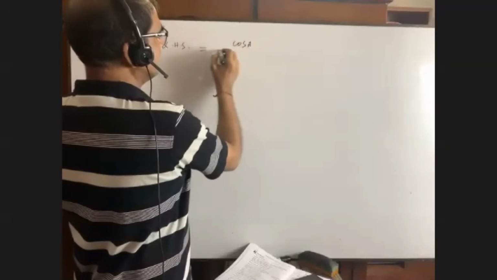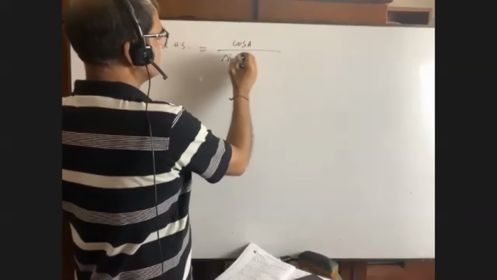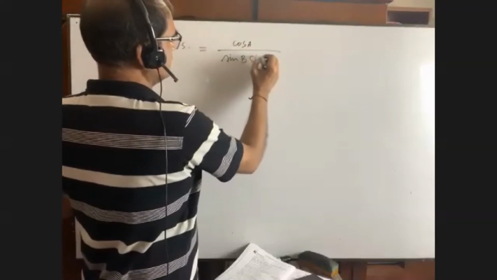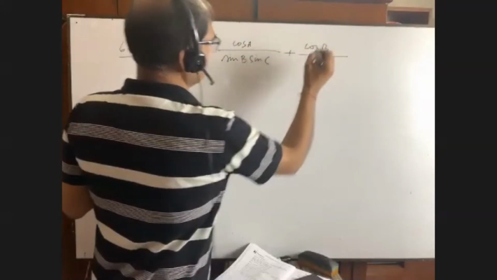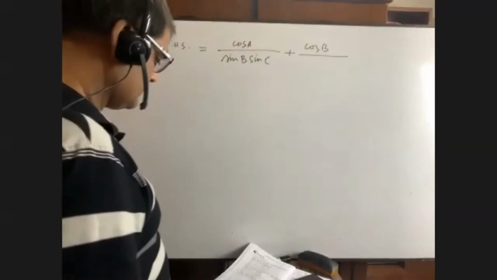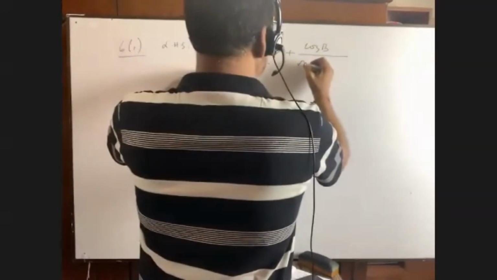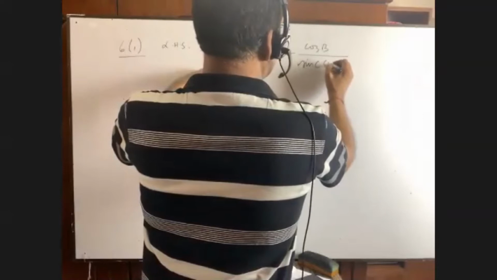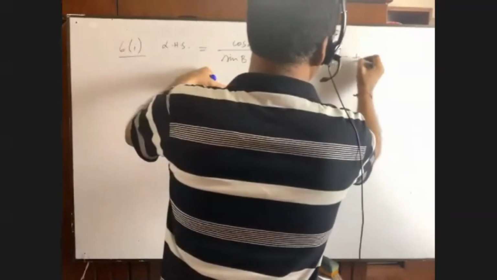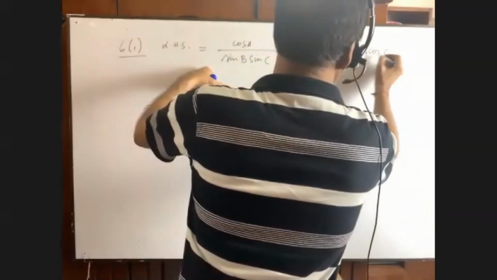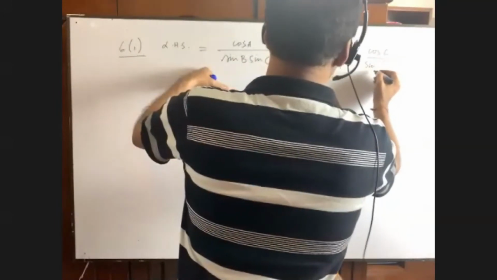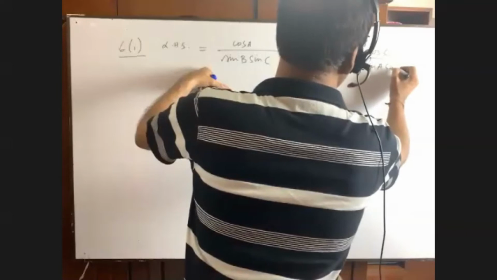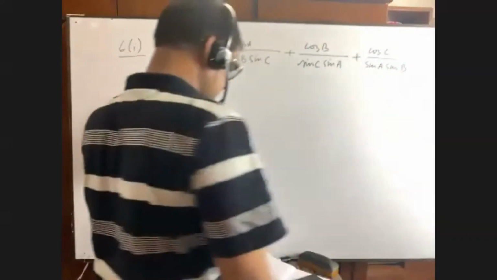Plus cosine b by sine c sine a. So it will be cosine c by sine a sine b. This is the left hand side.